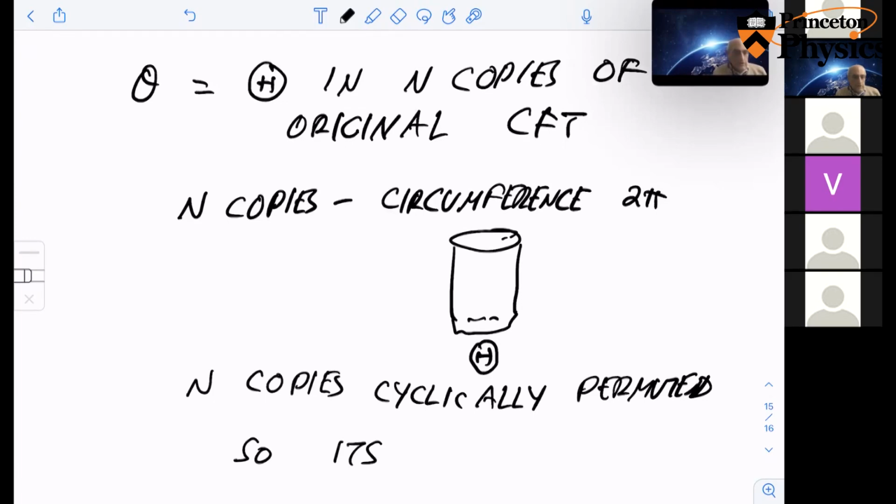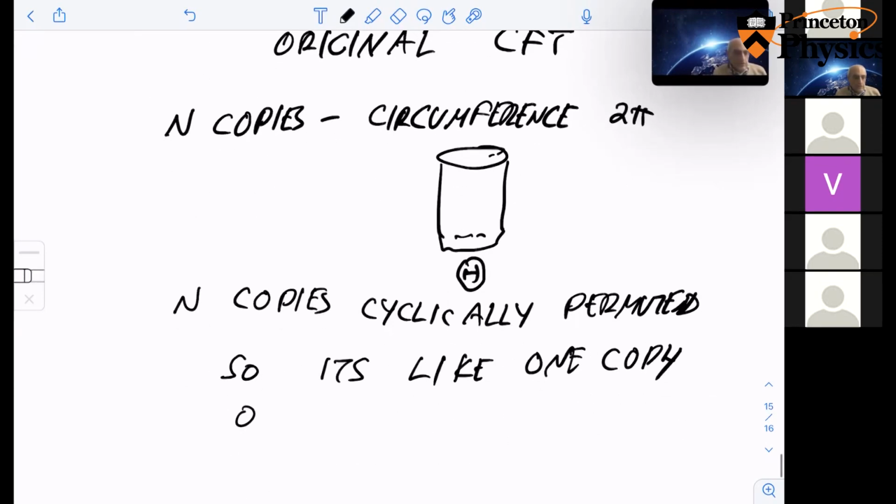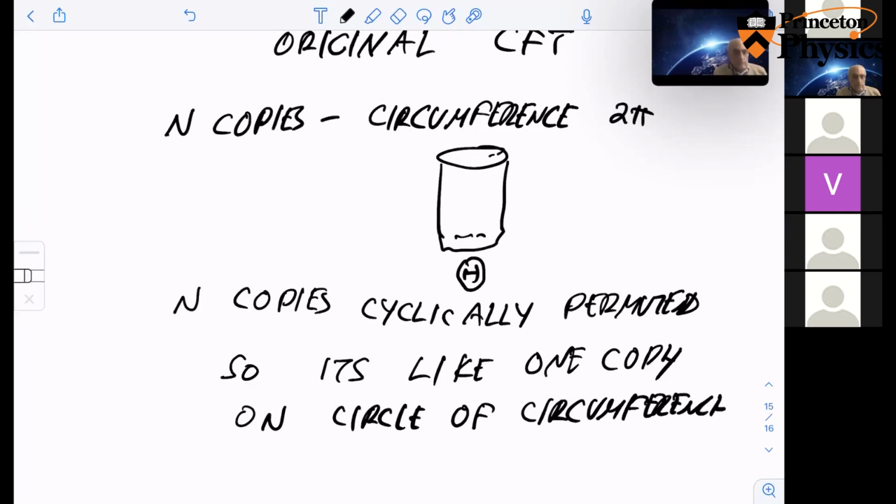So it's like one copy on a circle of circumference 2 pi n in the original theory.